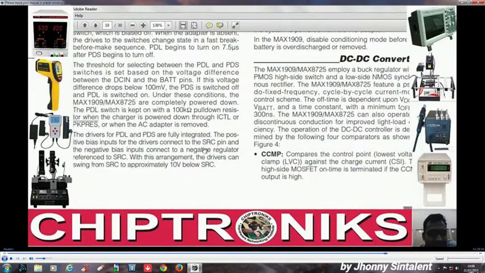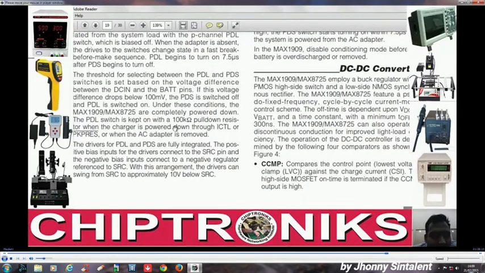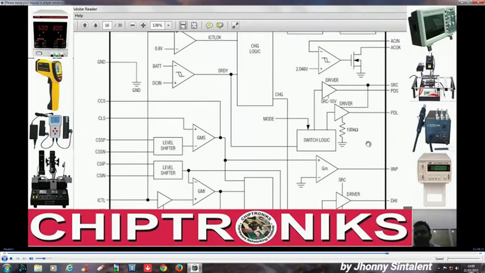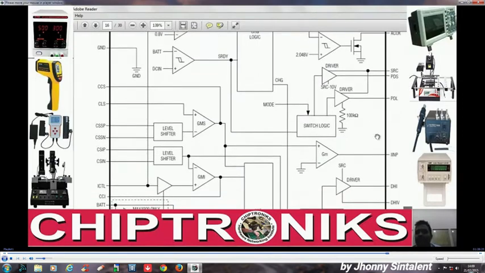Or you can see over here the positive bias input for the drivers connects to the SRC pin, and with this input, the drivers can switch from SRC to approximately 10 volts below. So now we'll understand how this PDL and this PDS operate.